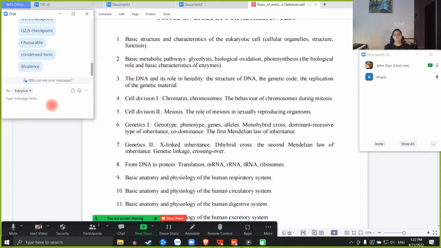The spindle fibers attached to the centromere separate the chromosomes, pulling them into different poles, and finally the chromatids arrive at different poles and uncoil. The nuclear membrane forms anew, dissolving at the end.